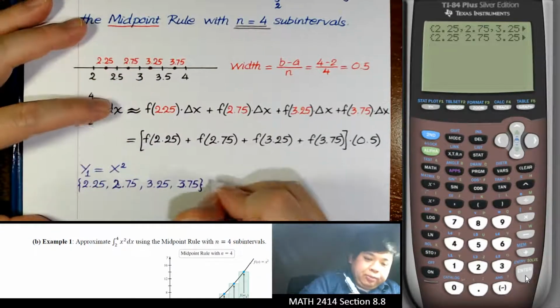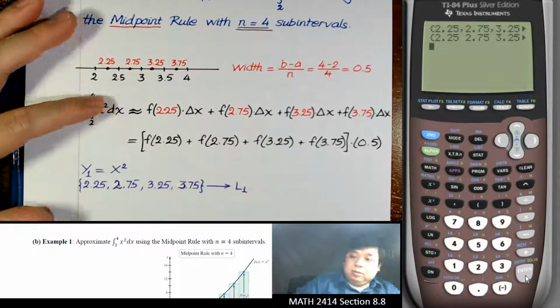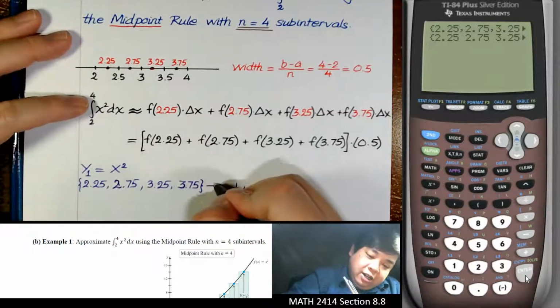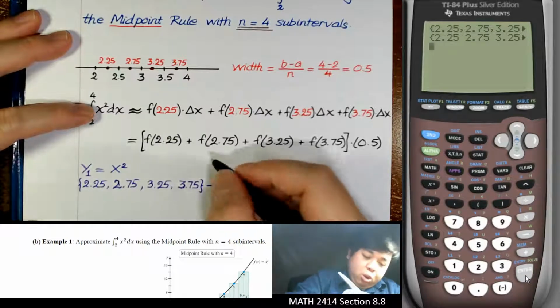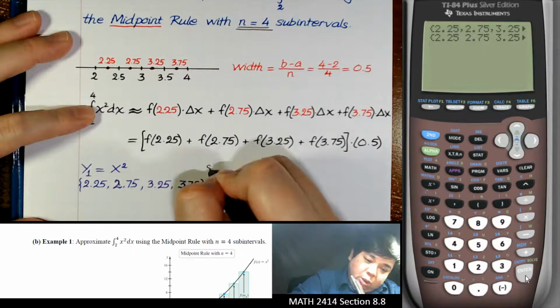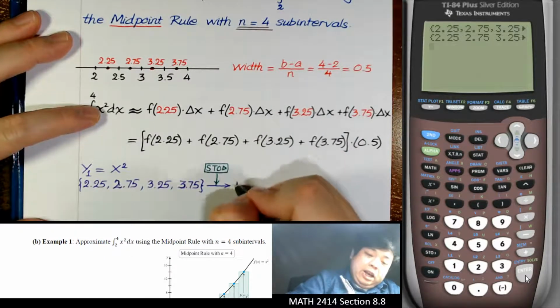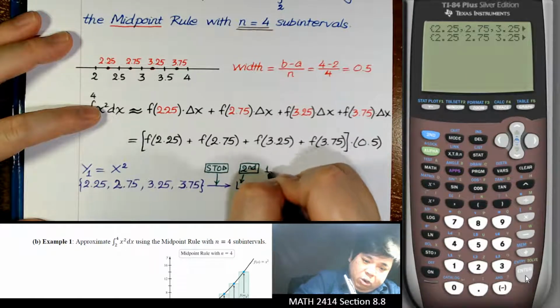Close the curly bracket and then store into L1. How do we actually type all of this? We use the store key, and L1 is second and then number 1.